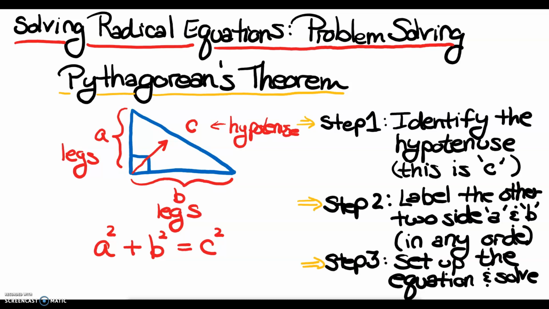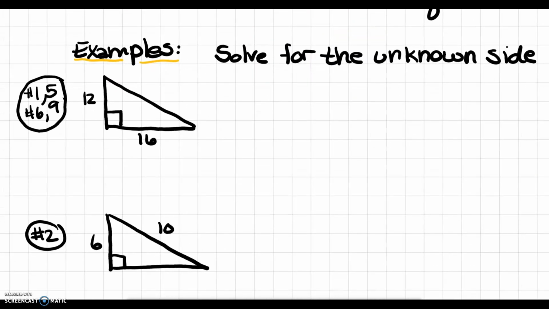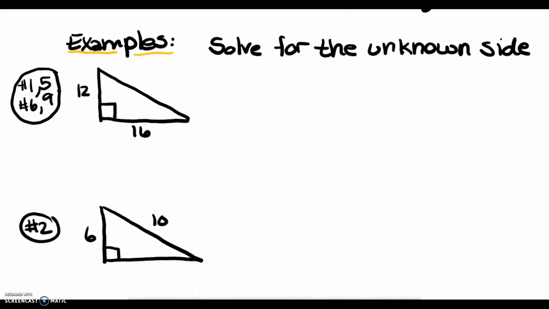I'm always going to label that C, and then I'm going to label in any order the other 2 sides A and B, and then I'm going to set up the Pythagorean equation, a squared plus b squared equals c squared, and I'm going to solve it. So let's go ahead, and in all of these examples, we are going to solve for the unknown side. So we're going to have to label that side with one of our A, B, or C letters.